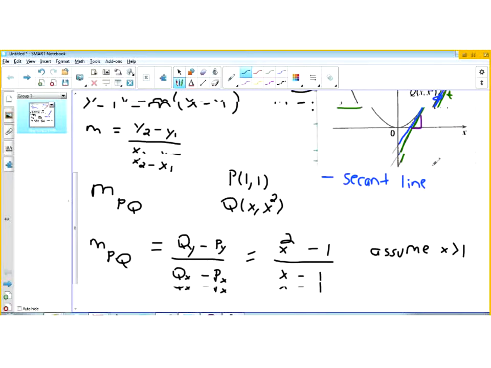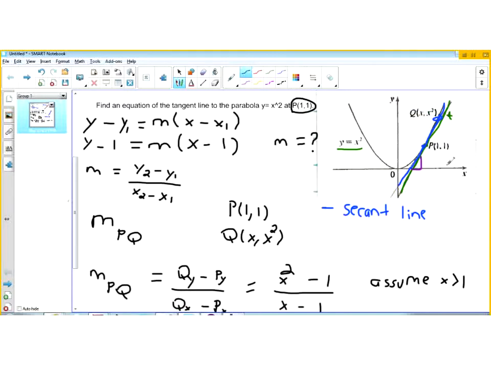So if we assume x is greater than 1, what would happen if, right, so let me draw a little perpendicular here. Here's Q of x, right? And let me draw another perpendicular right here. And this is P of x.